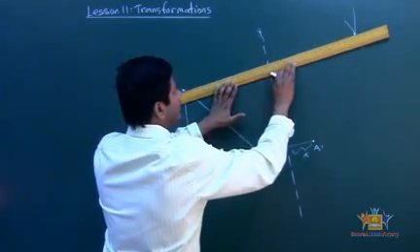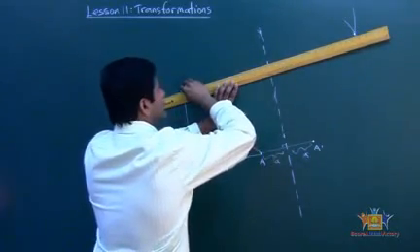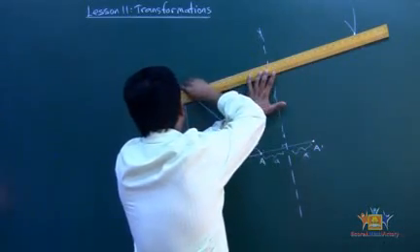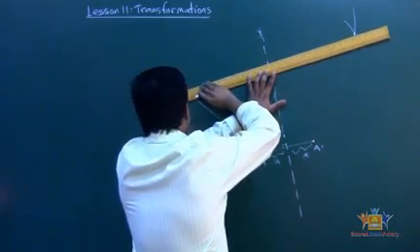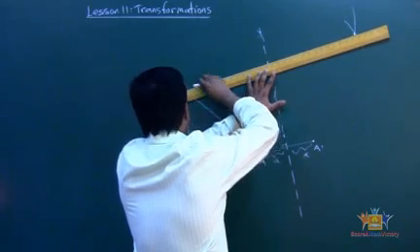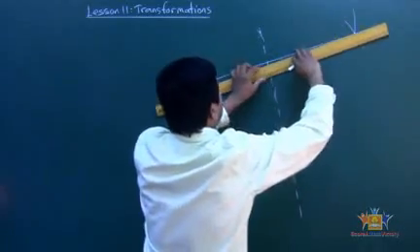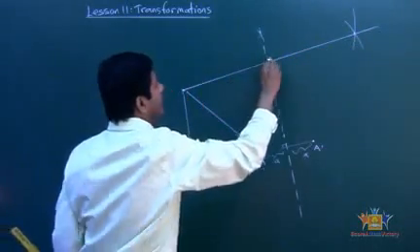So let's draw the line, make sure it's lined up right. Okay, good, right there. So that is the perpendicular line right there.